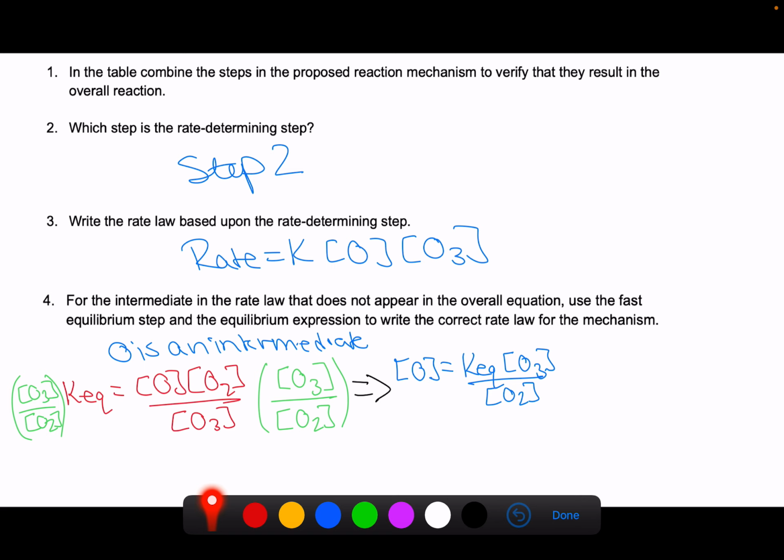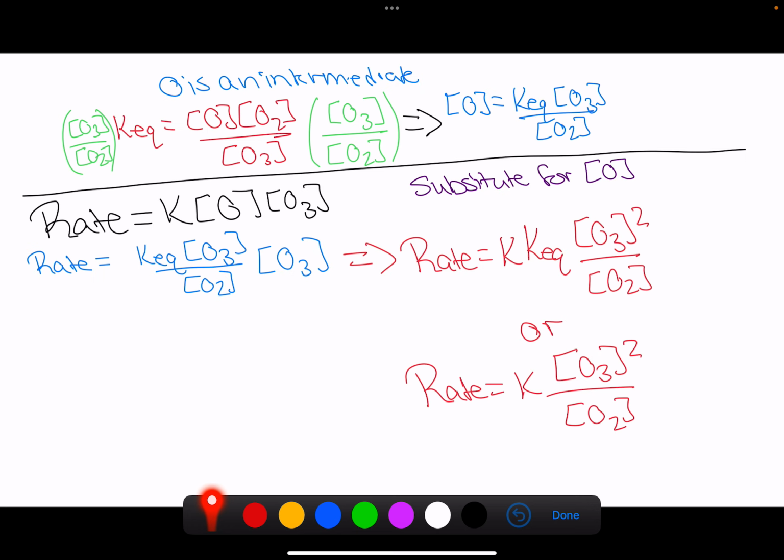Okay? So then I'm going to substitute and move stuff around, and I get [O] equals Keq[O3]/[O2]. So then I want to go back to my rate law. I want to substitute in the O. I'm going to get rate equals k Keq [O3] over [O2] times [O3]. Or simplified, rate equals k[O3] squared over [O2].